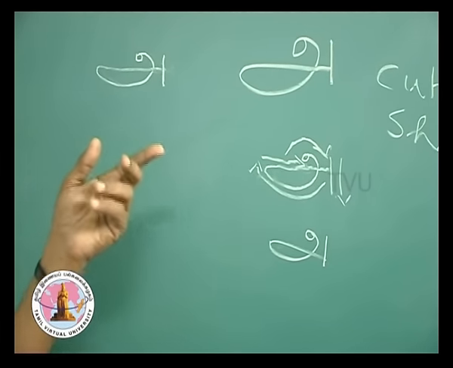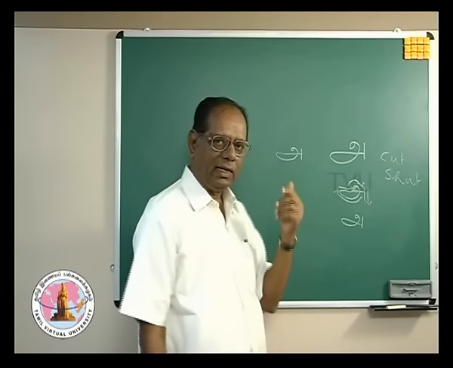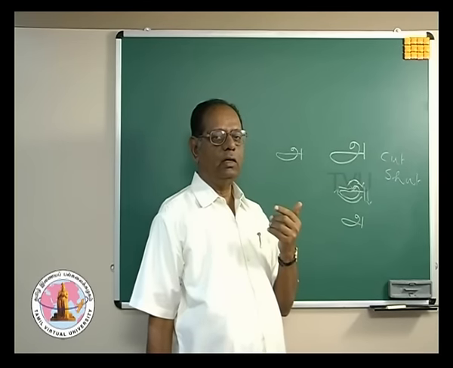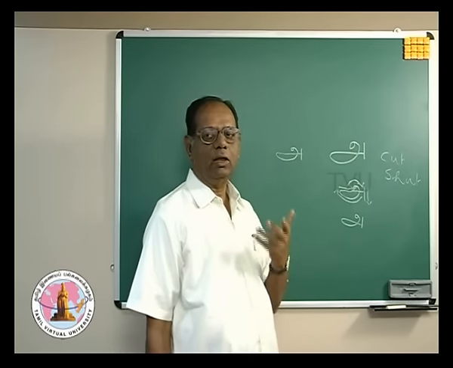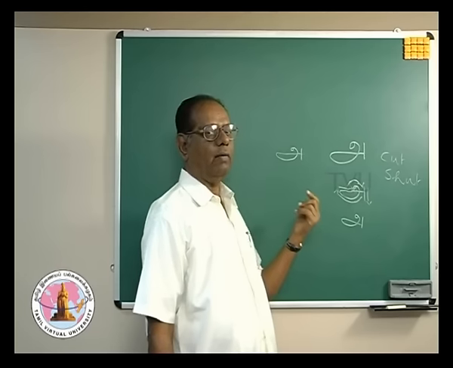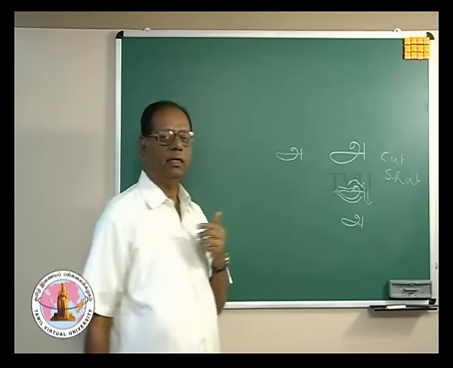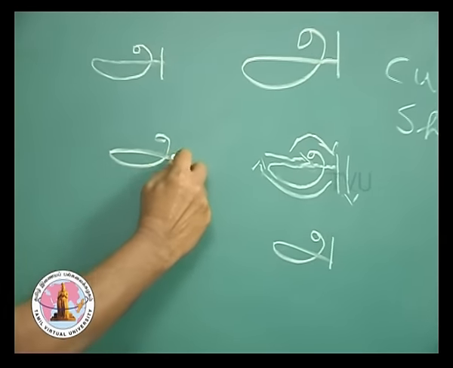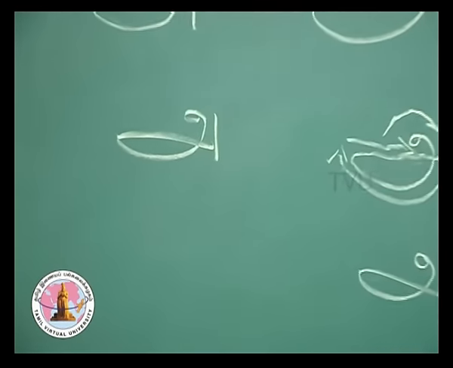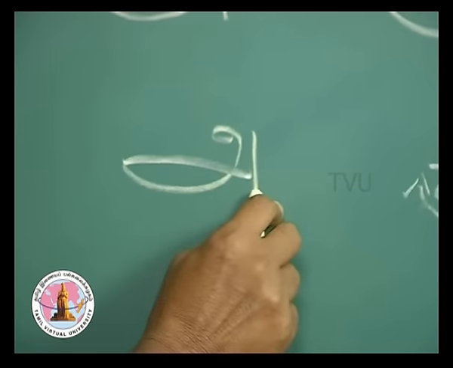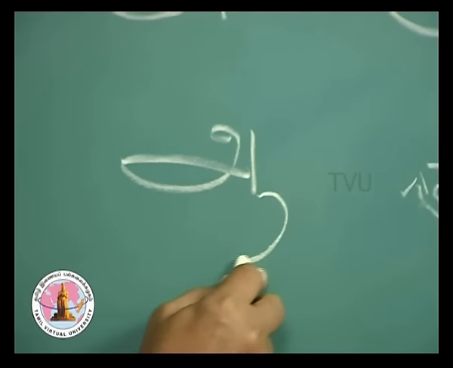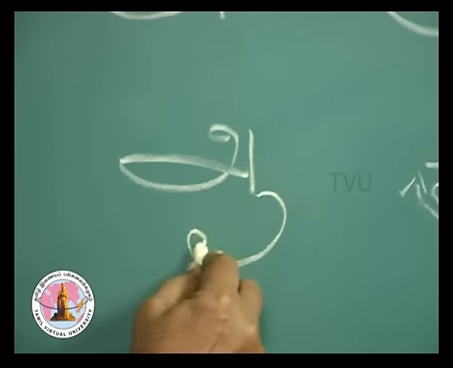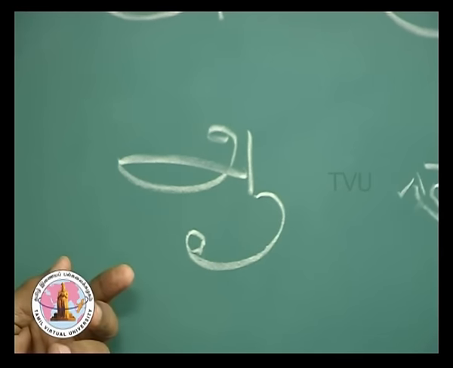Now we go to the second letter, and the second letter O is only an elongation of A. How is that written? First A, and then from the end we take a curve, take up and then end it with a circle.